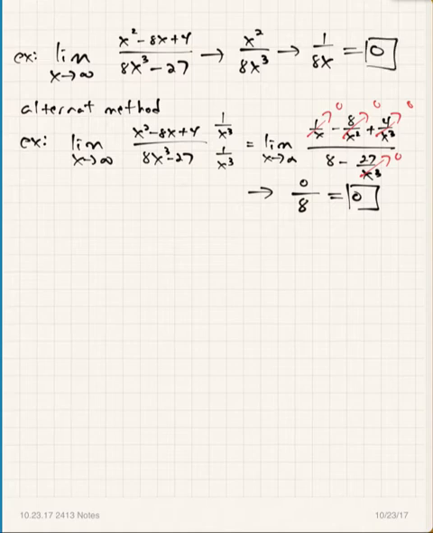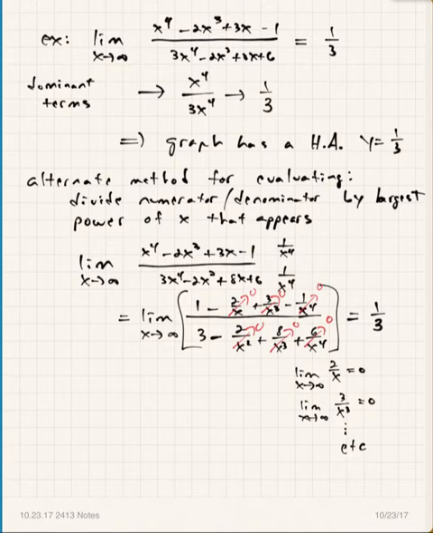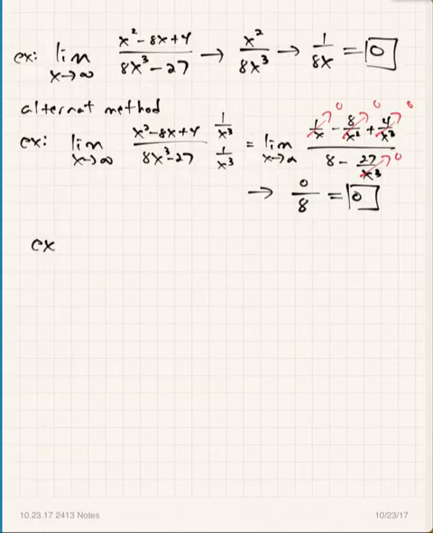All right. What I want you to see as we're going through these examples is that on this page, I was looking at a rational expression where the numerator and the denominator had the same degree. They were both degree 4, and both of these methods work for evaluating this type of limit. In the first example on this page, I looked at both methods again, but when the degree of the numerator is less than the degree of the denominator.